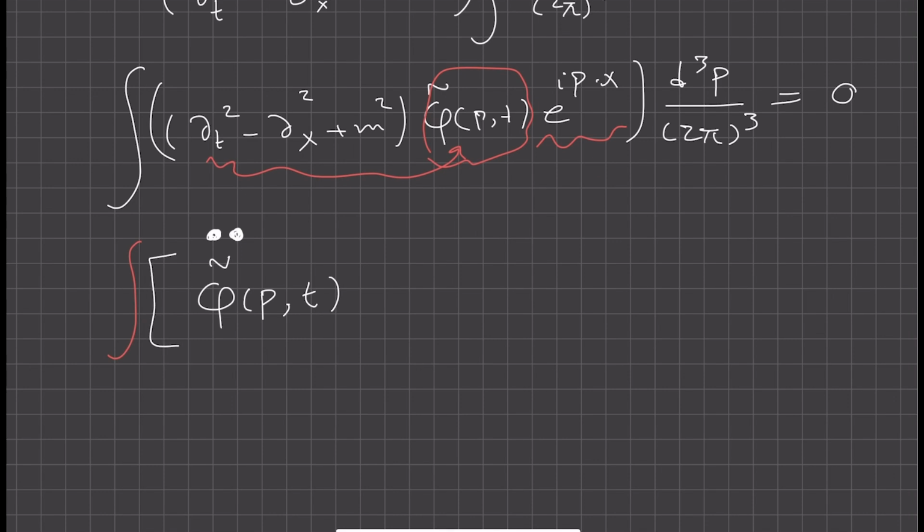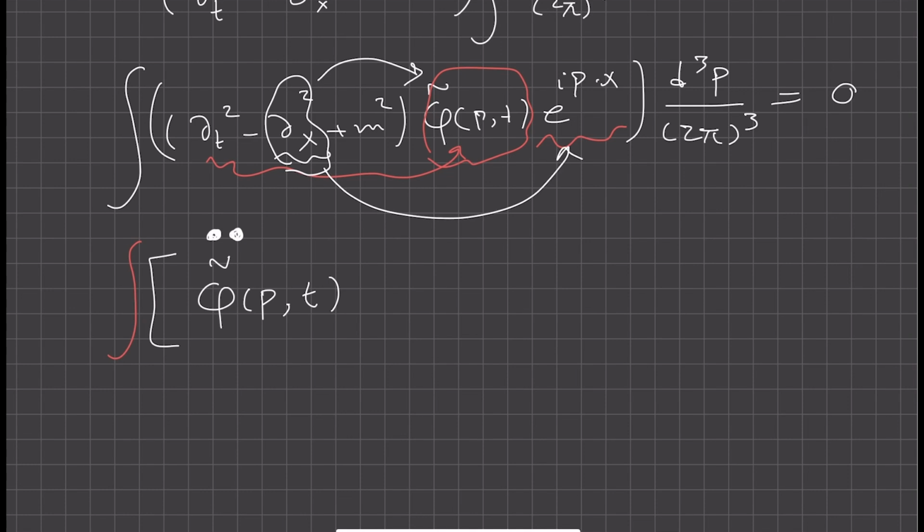And then the space component, and this is the problem: the space component doesn't make the Klein-Gordon equation look exactly like the simple harmonic oscillator when we write it in space coordinates. So that's why we need to go to momentum coordinates. If we go to momentum coordinates, now this space derivative cannot act on phi tilde, and it only acts on the exponential term.